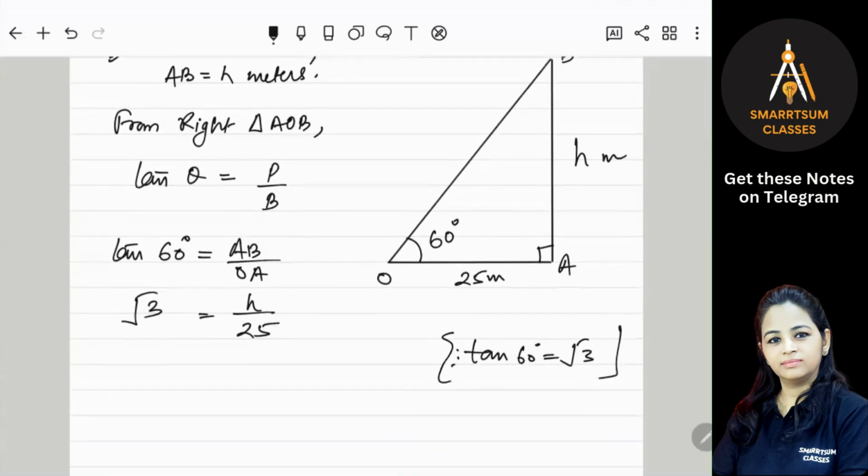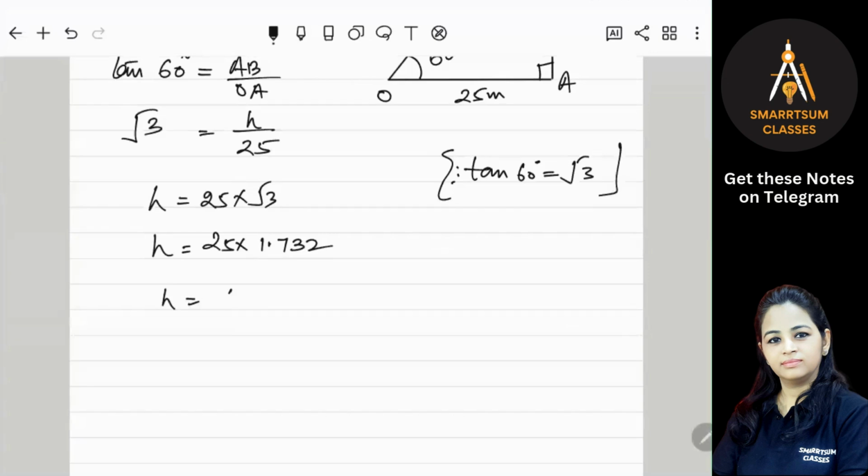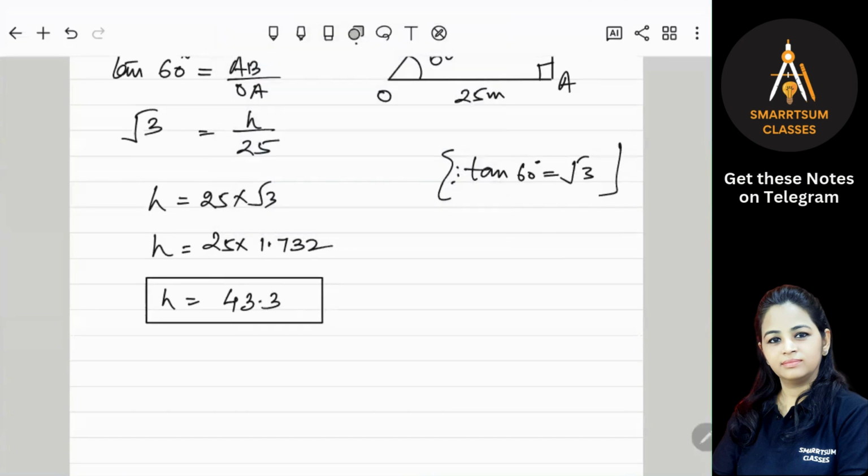Now we have put the value here. So h will be equal to 25 into root 3. Now to find the value in decimals, you can put the value of root 3, which is given in the question, that is approximately 1.732. Now you can multiply this to get the value of h, meaning the length of the pole, that is 43.3 meters.